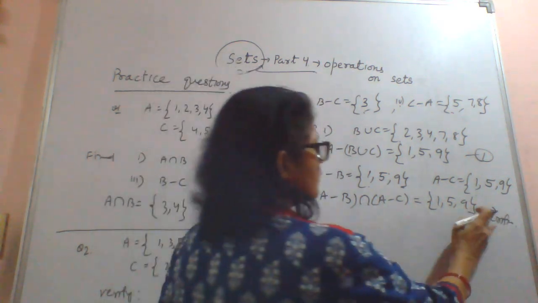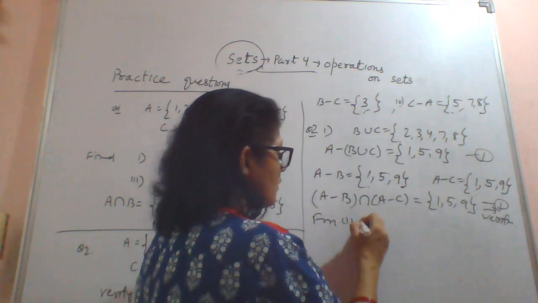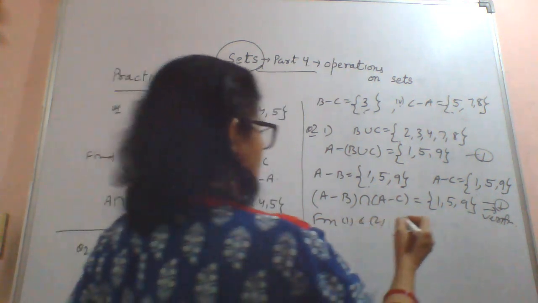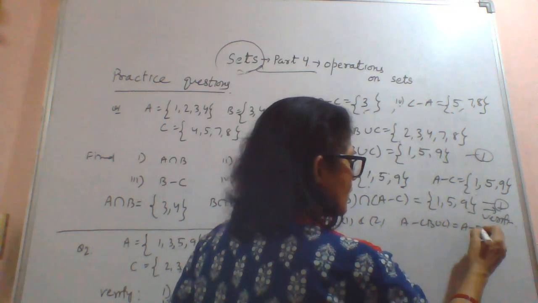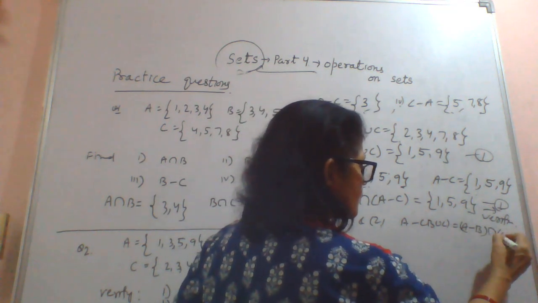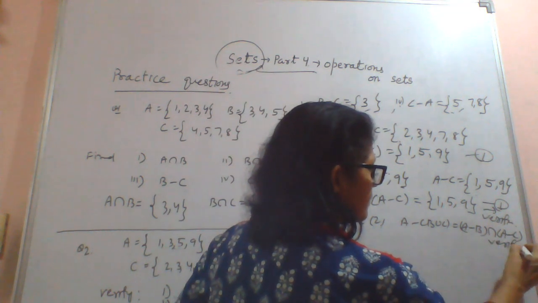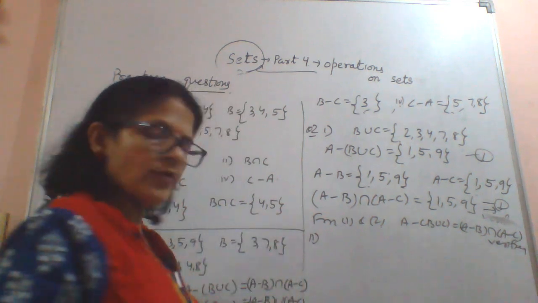Here 1, here 2, so you can write from 1 and 2: A difference (B union C) equals (A difference B) intersection (A difference C). Verified. Okay, so done.